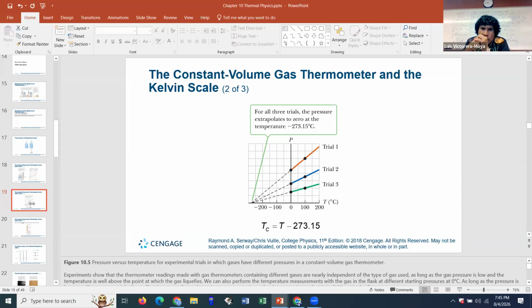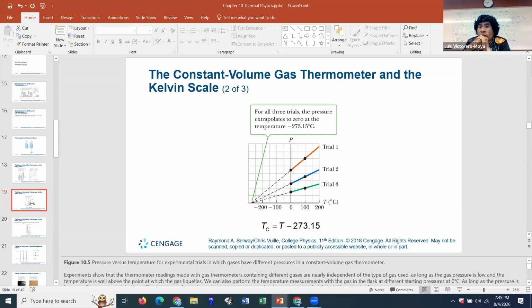So in different trials, when you extrapolate the pressure at the zero temperature in those lines, they all converge at a value of negative 273.15. We call that the absolute zero in Celsius. Negative 273.15 is the absolute zero in Celsius.